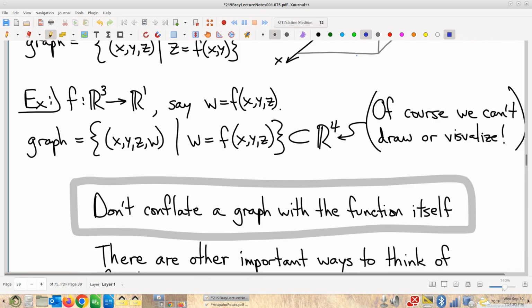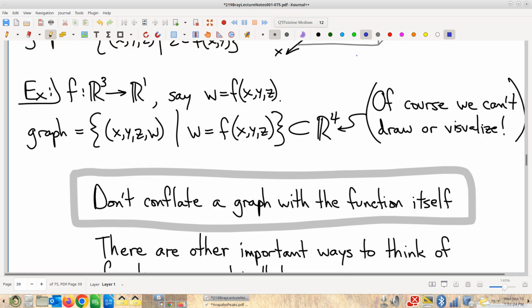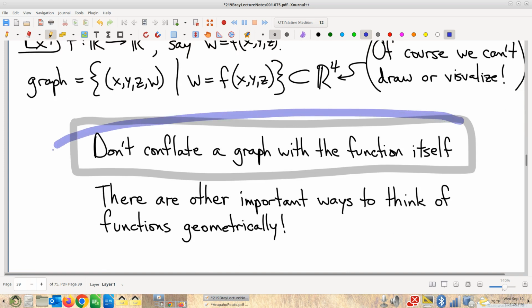So the upshot is we're going to have to think of other ways, different ways, not graphs, different ways to draw pictures of functions, right? The graph construction just isn't gonna do it. So along those lines, you got to be really, really careful about this point right here.